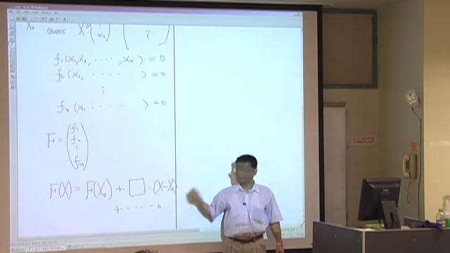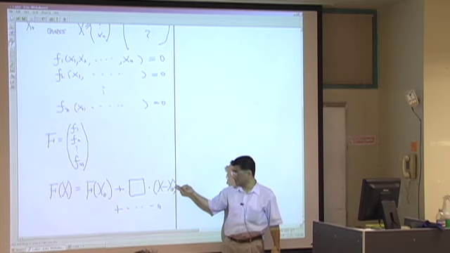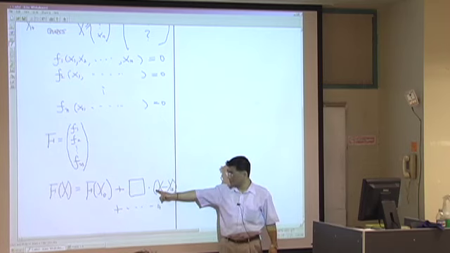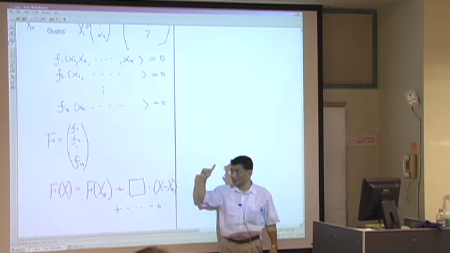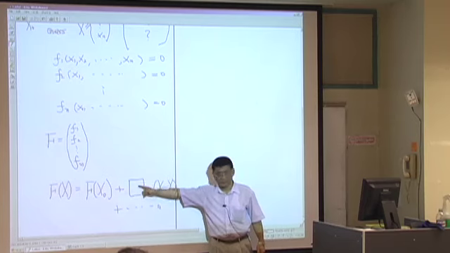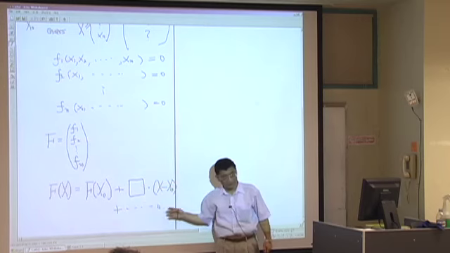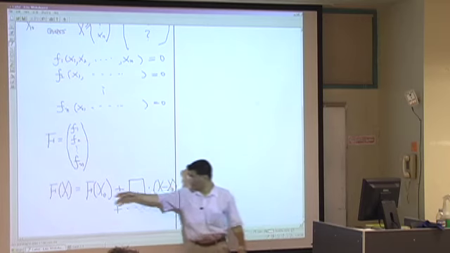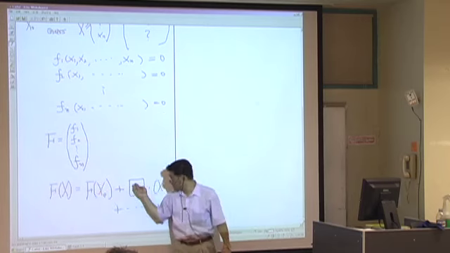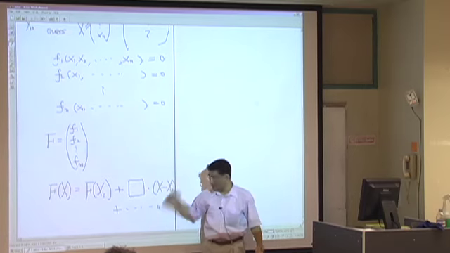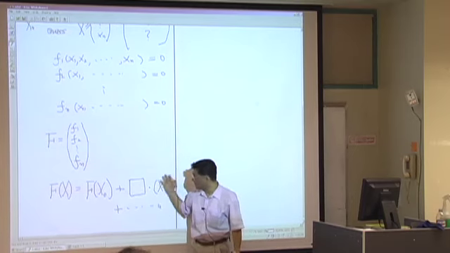What's in the square? I will describe this later, but this square usually has, in the one-dimensional function case, the derivative. In Taylor expansion we have the function, zeroth derivative, first derivative, second derivative, and so on. And this is a vector-valued function.